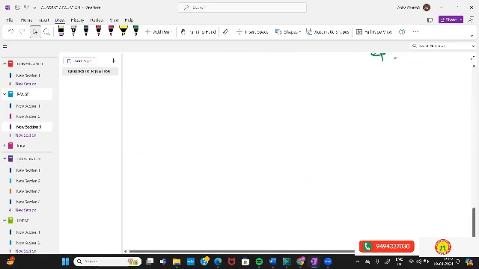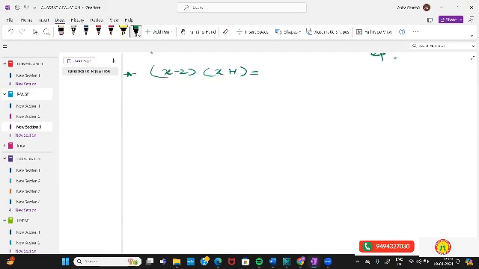Now see. Now suppose the next question comes. x minus 2 into x plus 1 is equal to x minus 1 into x plus 3. Now here also you have to check whether the given equation is a quadratic or not.